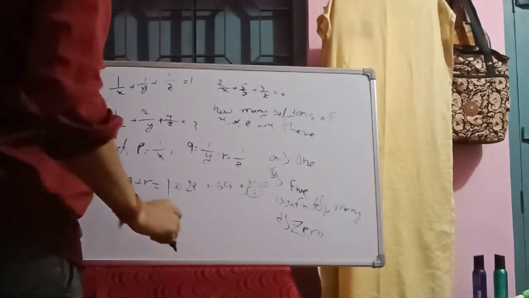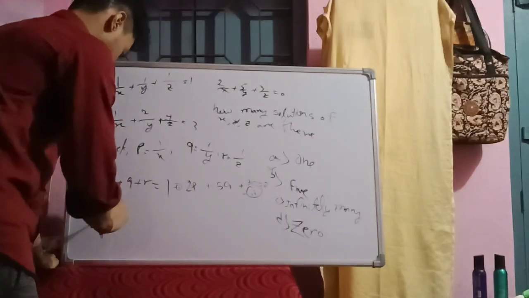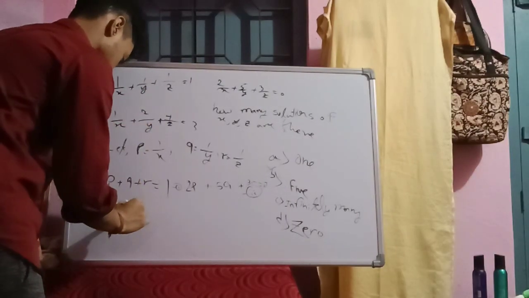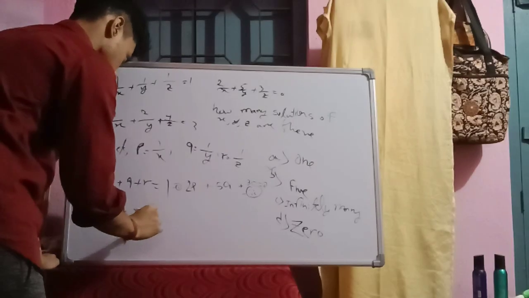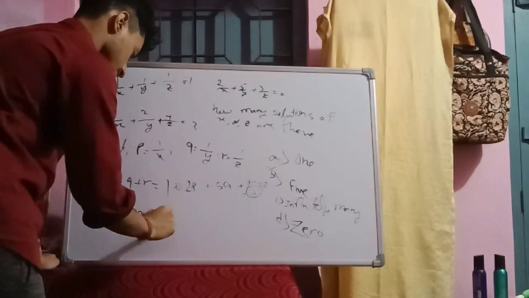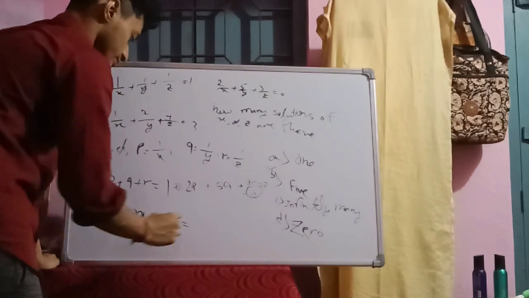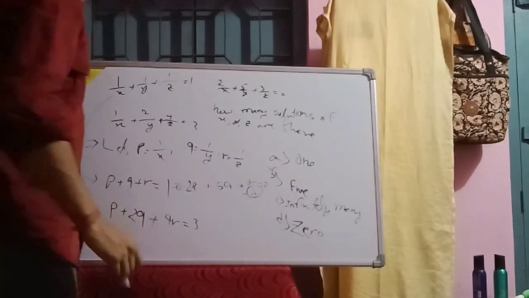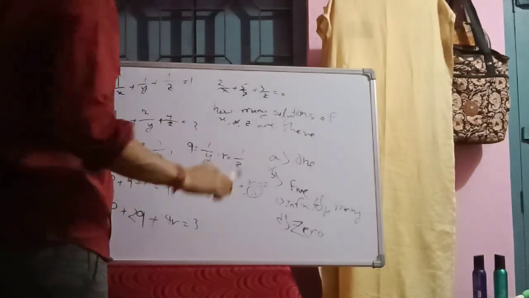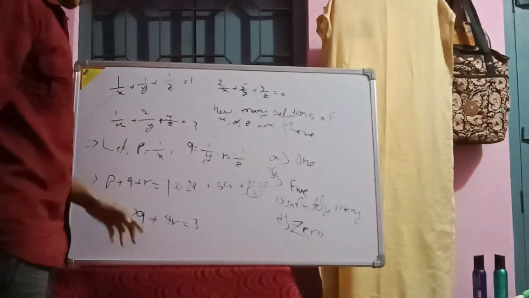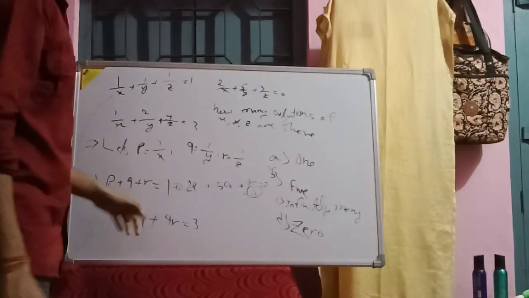Now the third one: p plus 2 times 1 over y, that is 2q, plus 4 times 1 over z, that is 4r, and the value of this is 3. Now I have to erase this. I hope you are done taking this down.